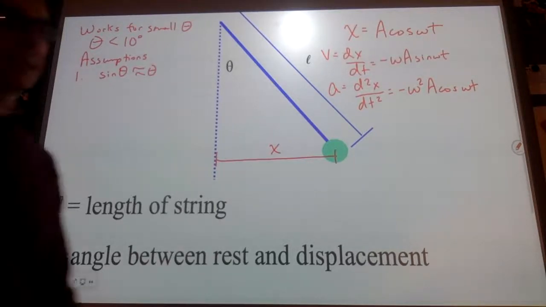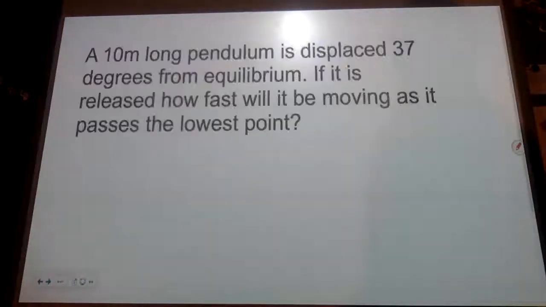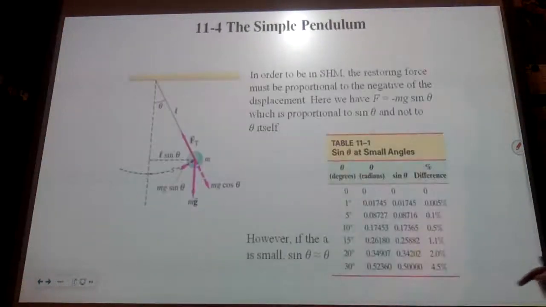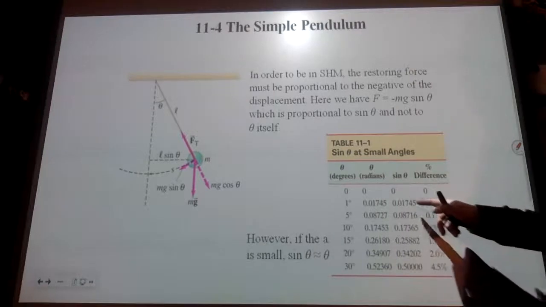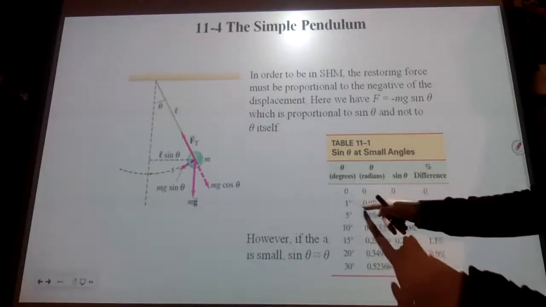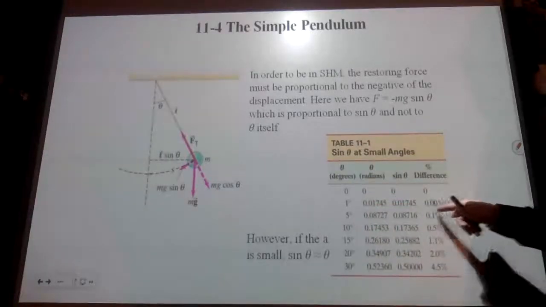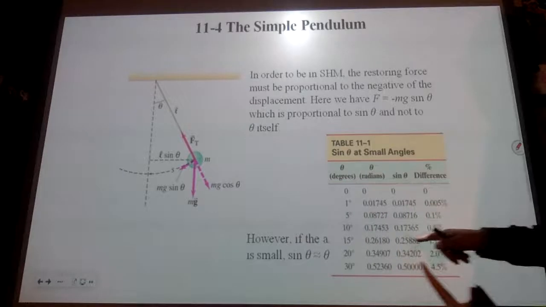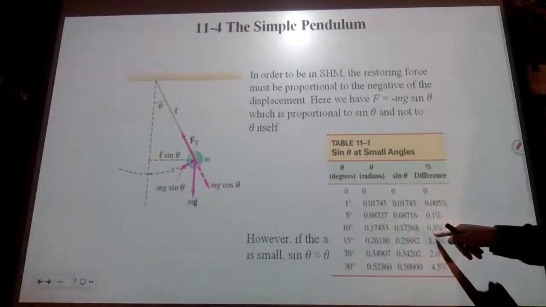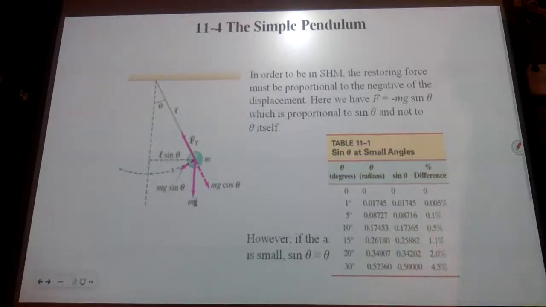And we have a slide. I'll just go forward to show you in the notes where they show that. But if you can see over here, they show you what theta is and what sine of theta is. So for 1 degree, the difference is 0.005%. For 5 degrees, it's 0.1%. For 10 degrees, it's 0.5%. For 15 degrees, it's 1.1%.